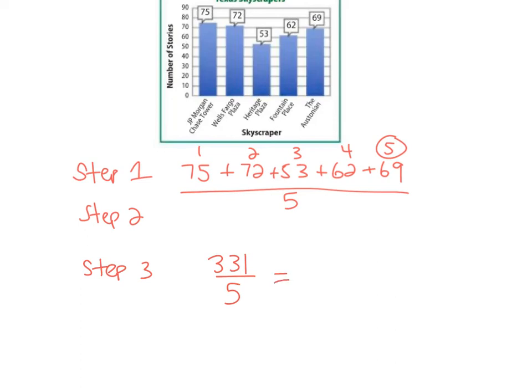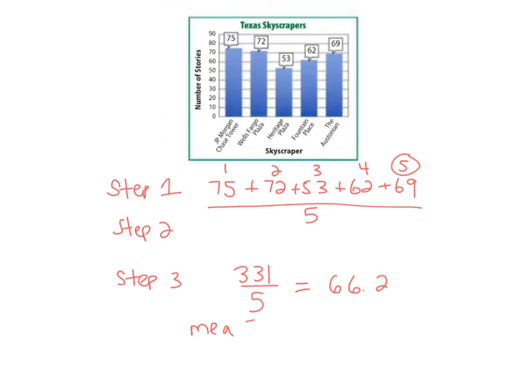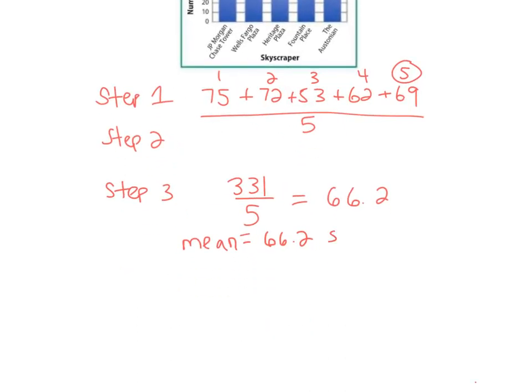When I work out that math, I'm going to get 66.2. So in this case, the mean or the average number of stories for these 5 Texas skyscrapers is 66.2 stories. And therefore the data are centered around 66.2 stories.